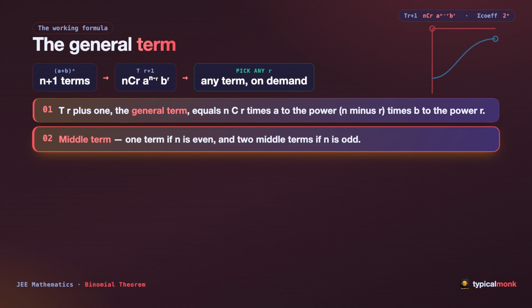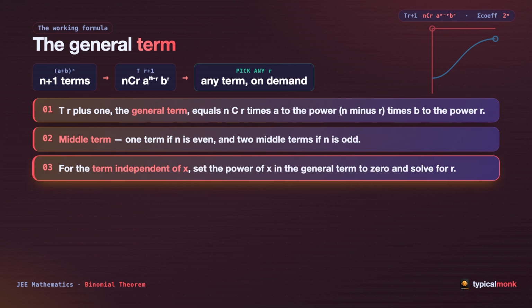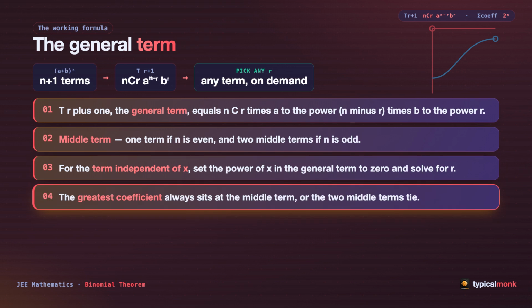If n is even there is exactly one middle term, and if n is odd, there are 2 middle terms sharing the peak. Third, to find a term independent of x, you write the general term, collect every power of x into one exponent, set that exponent to 0, and solve for r. And fourth, the greatest binomial coefficient always belongs to the middle term, or ties between the 2 middle terms when n is odd. The triangle is tallest exactly in its center.